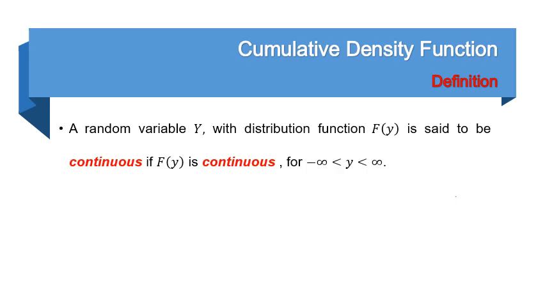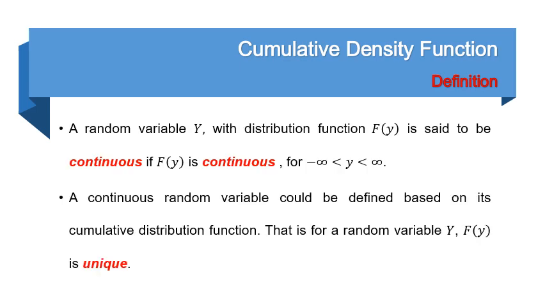Now let us remember as before that our capital F of y is a continuous function, and we said that this function represents the probability that y is less than or equal to a value. So whenever this function is defined, we can define the probability density function.